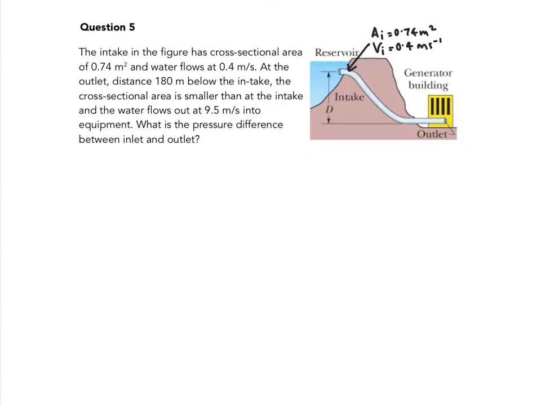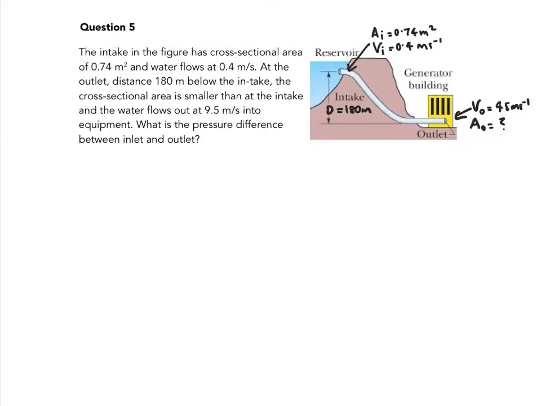We also have this height D, 180 meters. So the intake is 180 meters above the outlet. We also have that the velocity at the outlet is 9.5 meters per second, but we don't have the outlet cross-sectional area, and we don't really need that. We're looking for a pressure difference.